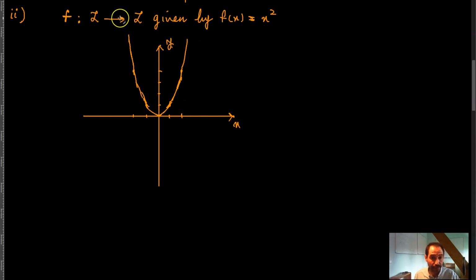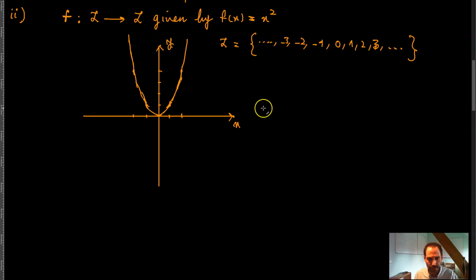Now, since we are dealing with the set of integers, you know that Z is equal to 0, 1, 2, 3, for example, and so on and so forth. And you have negative 1, negative 2, negative 3, and so on and so forth, all the way up to negative infinity.